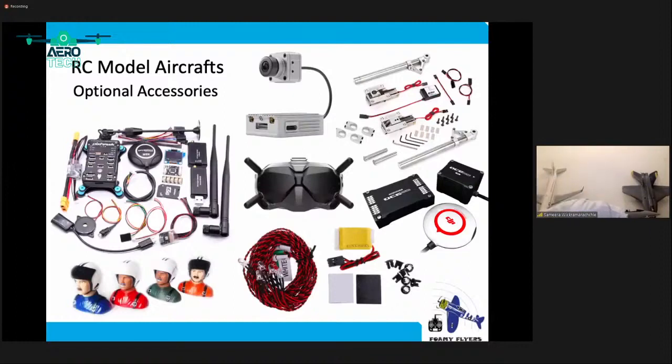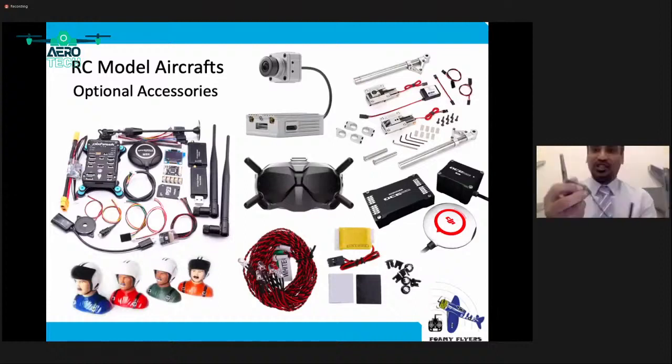And you have an onboard telemetry system, an onboard data transmitting system here, which will work separately from your transmitter and receiver. You can have your data on a laptop or maybe a TV screen.